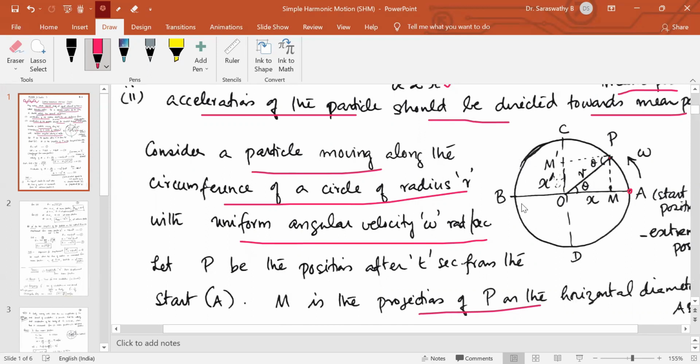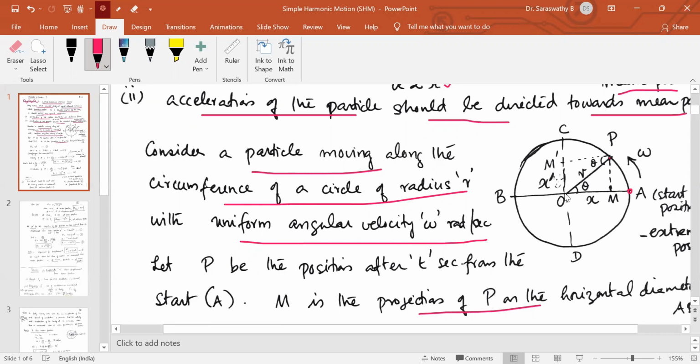Then as the point P moves from B to A, the projection on this horizontal axis will move from B to A. So one full cycle of rotation of point P corresponds to one stroke from A to B and then another stroke from B to A.